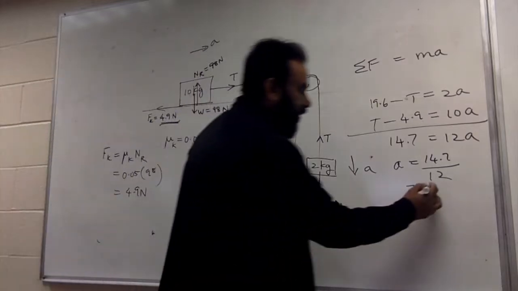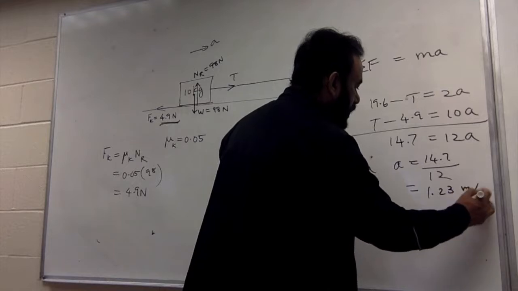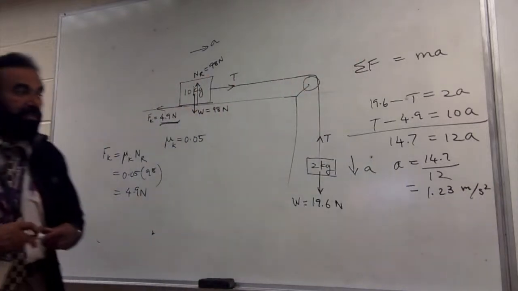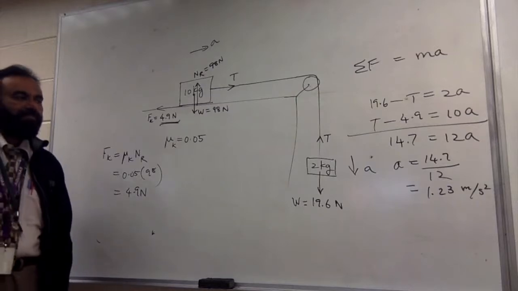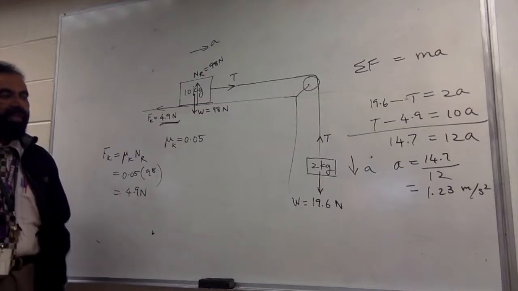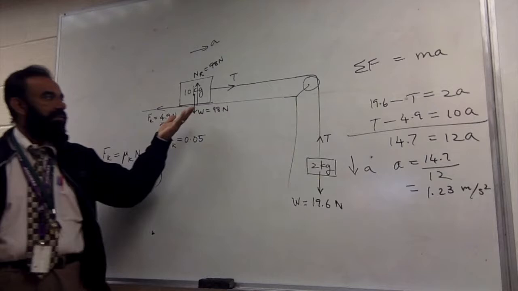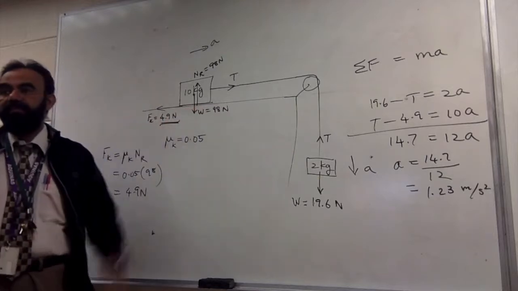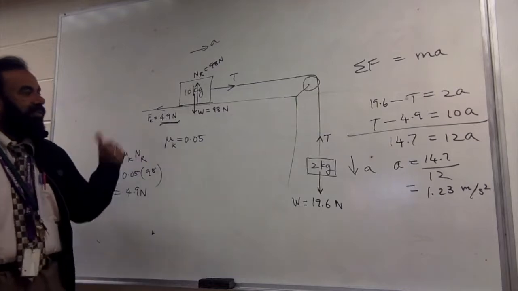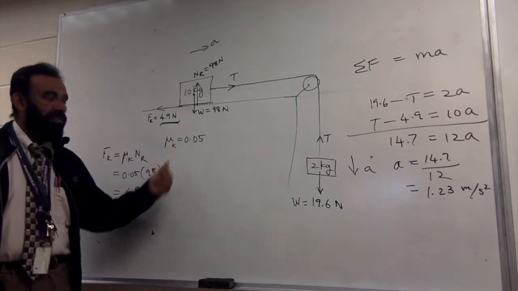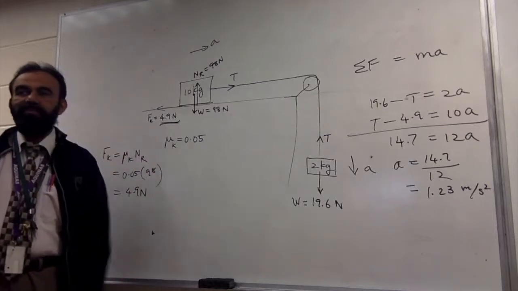So you can see the presence of friction is actually creating an acceleration which is less than when it was frictionless. When it was frictionless, it was easy to slide off, but now it is difficult to slide off. Now, if the coefficient of friction is too much, then it's not going to slide off at all.